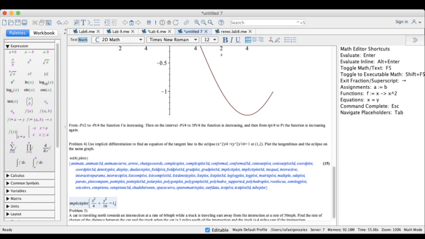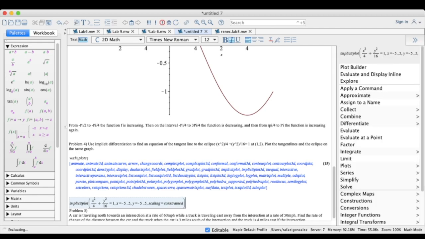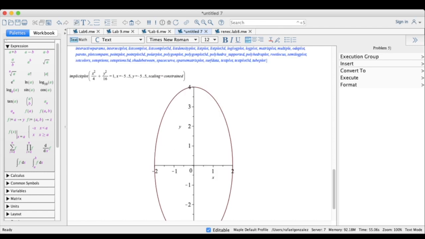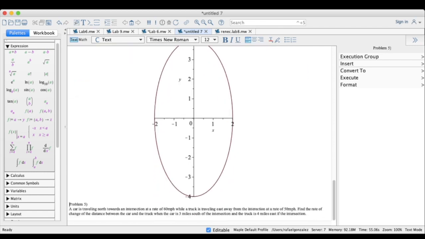And I'm going to plot this from x equals minus 5 to 5 and y equals, let's say, minus 5 to 5 to see how it looks, and scaling equals constrained. So here we have the graph of our ellipse.